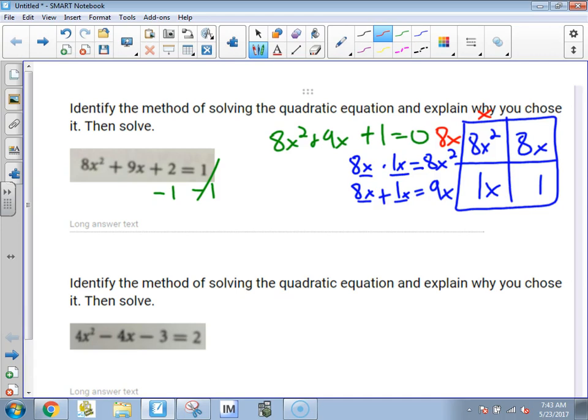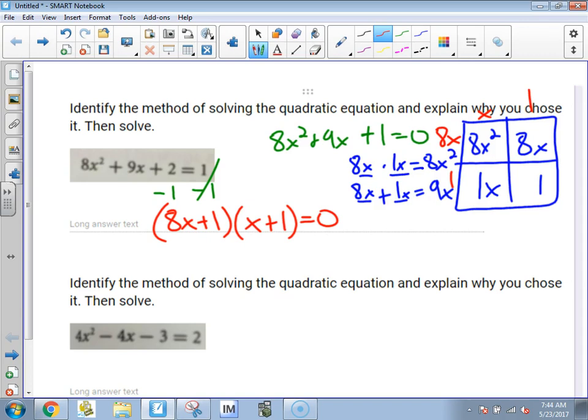And 8x times 1 is 8x. And x times 1 is 1x. So this happened to be factorable, which is why we use the method of factoring. 8x plus 1 times x plus 1. So that's it factored. We still need to solve.